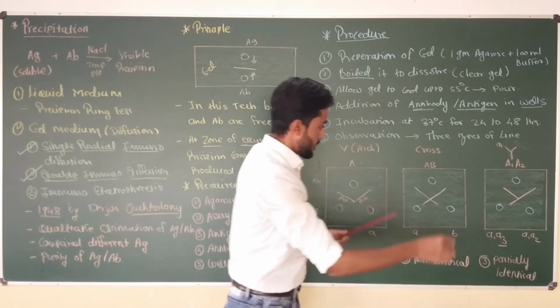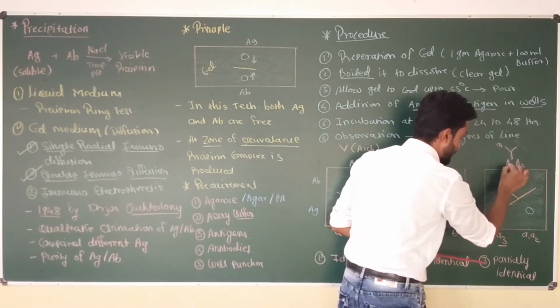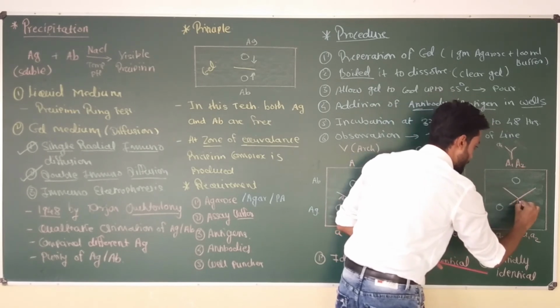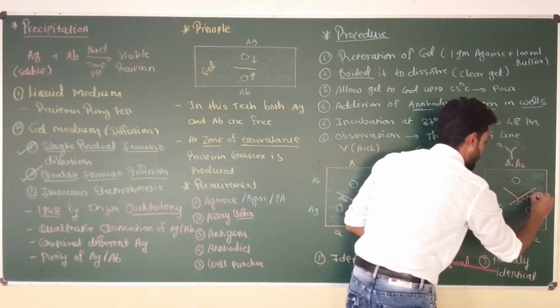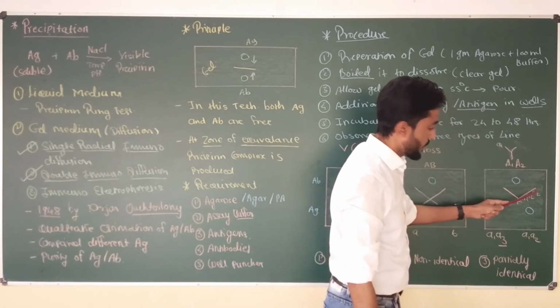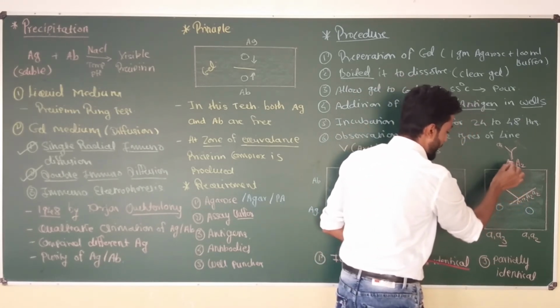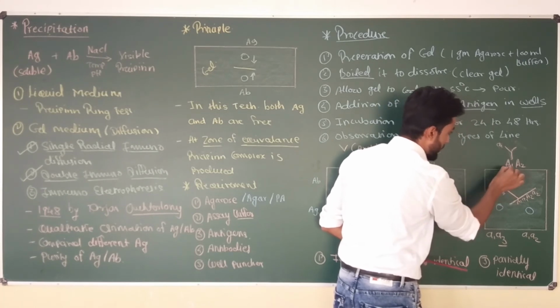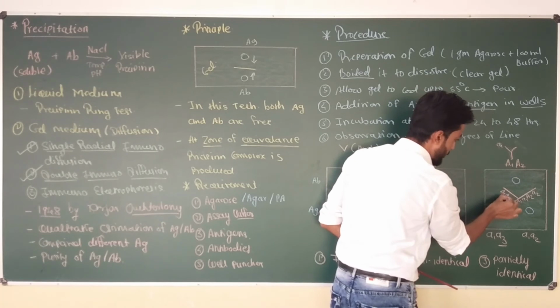Now this portion of the precipitation line is the result of the combination of the A1 portion of the antibody with the A1 antigen and the A2 portion of the antibody with the A2 epitope of the antigen. So this longer line is due to the A1, A1, A2, A2 reaction, while the smaller precipitation line is due to the reaction of the A1 epitope binding site of the antibody with the A1 epitope.